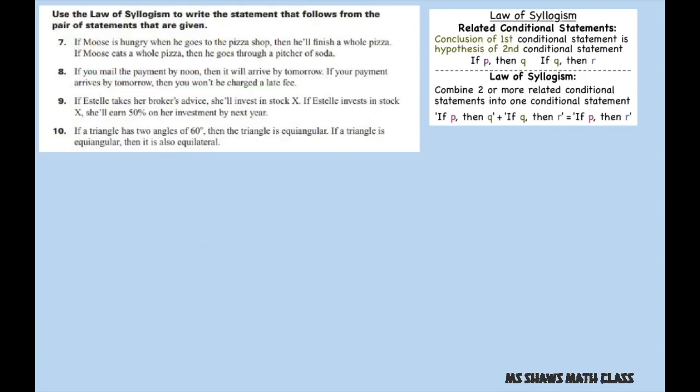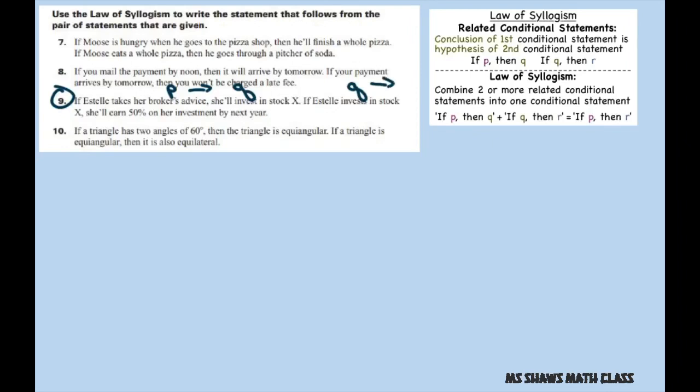Number 9, if Acela takes her broker's advice, she'll invest in stock X. So this is an if then. They didn't put the then, but that's if then, if P, then Q. If she invests in stock X, so that's your Q again.